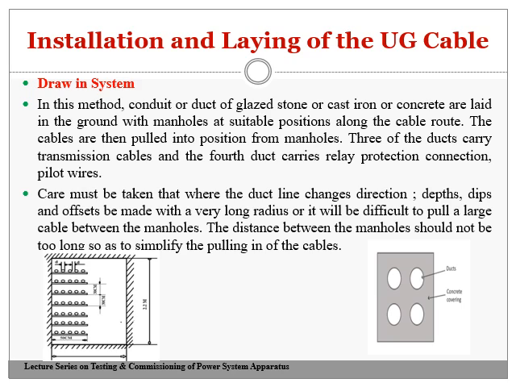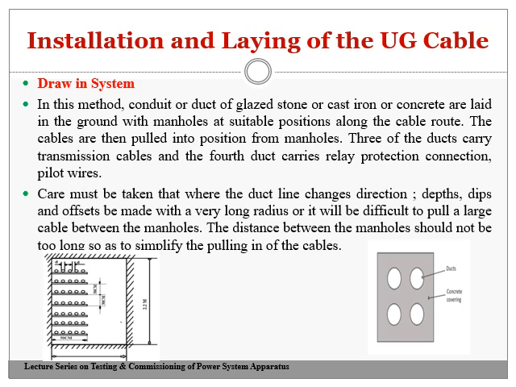Drawing system. In this method, conduits or ducts of glazed stone, cast iron, or concrete are laid in the ground with manholes at suitable positions. You can see this is a drawing system. We have a concrete structure with holes sized for different sizes of cable. In this system, I can lay down 4 cables of different or the same capacities suitable en route.